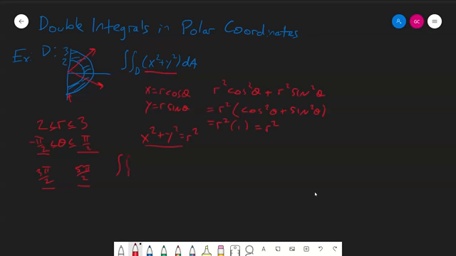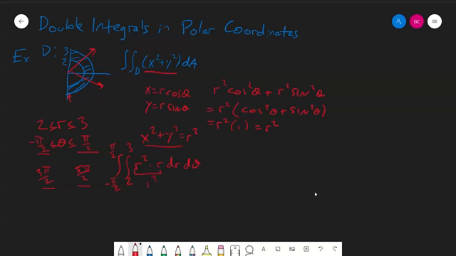So we end up with the integral of r squared times r dr d theta, where r goes from 2 to 3, and theta goes from negative pi over 2 to pi over 2. Well, so of course, this function on the inside is r cubed.